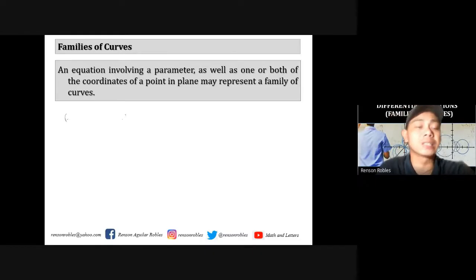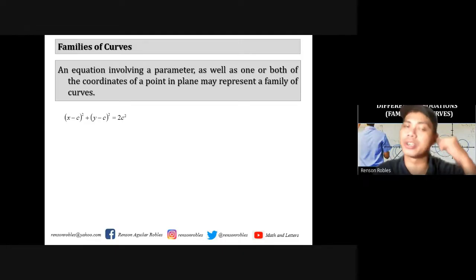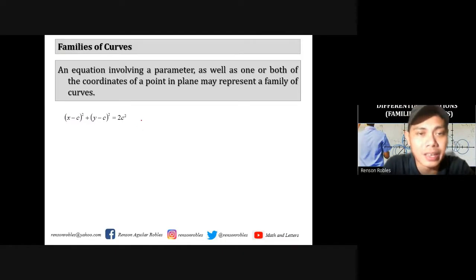For instance, let us consider this equation. So we have (x minus c) squared plus (y minus c) squared equals c squared. Let us just manipulate this, and this leads us to x squared minus 2xc plus c squared. Then you do the same on the second term, so you have y squared minus 2yc plus c squared equals c squared.